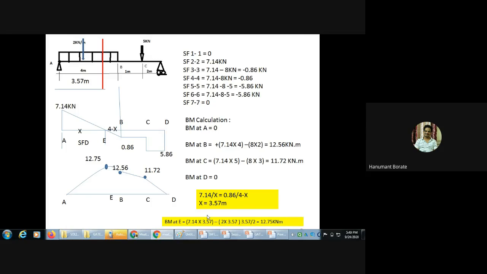The meaning of that is that we are finding the x value in such a way that the bending moment value is equal to 0. So we'll get the value of x, and this x value is our point of contraflexure. If bending moment changes its sign from positive to negative or negative to positive, we need to calculate the point of contraflexure. Okay, so this is related to SFD and BMD whenever UDL load is given.